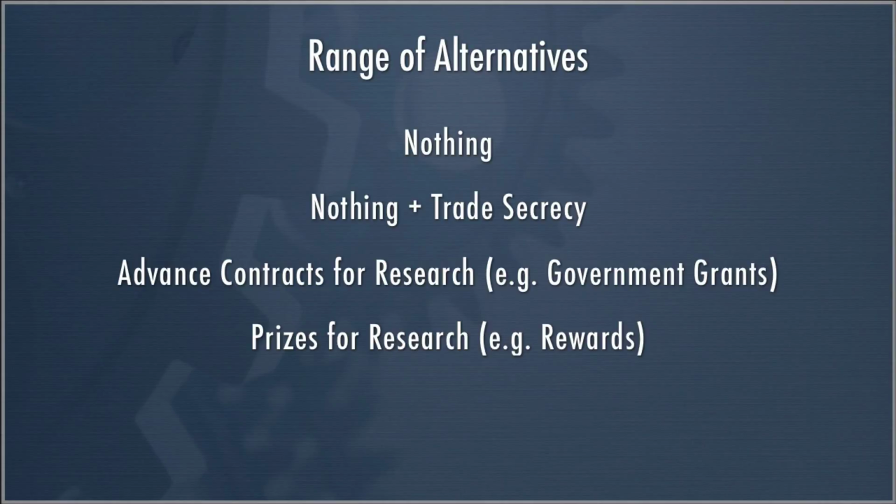One well-known example was a year or so ago, Netflix, the online movie provider, offered a very significant prize, $1 million, I believe, for anyone who could come up with a preference matching algorithm that outperformed Netflix's internal matching algorithm by 10% or more. And so that's an interesting approach.